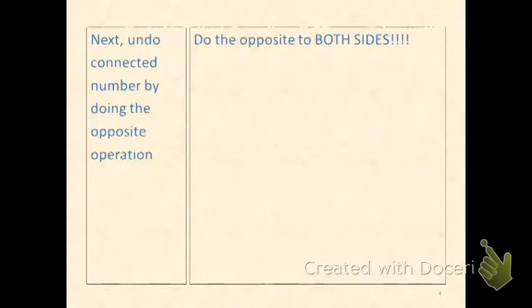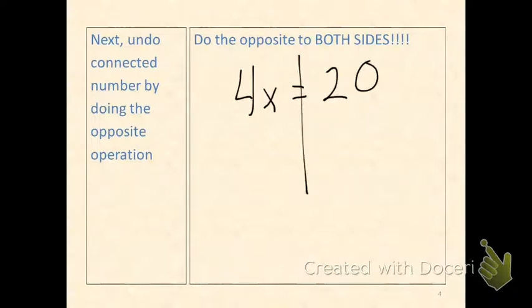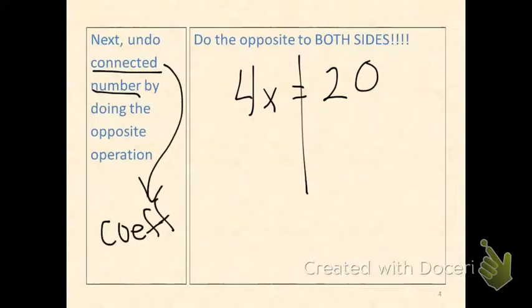Now we've got 4x equals 20. We got that from the last part. We have to undo the connected number. We call this the coefficient, and in this case the coefficient is 4.